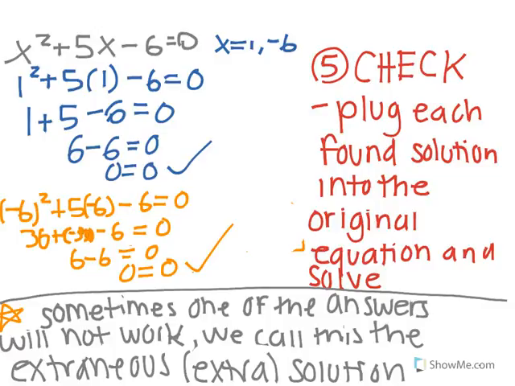Down here at the bottom, sometimes one of the answers will not work, and we call this the extraneous solution, or the extra solution, because it's just an extra solution that comes out and just so happens not to work. There's not one in this problem, and I believe there's not any in the rest of the problems in this video, but this is why we do this 5th step, just to make sure there aren't any extraneous solutions.